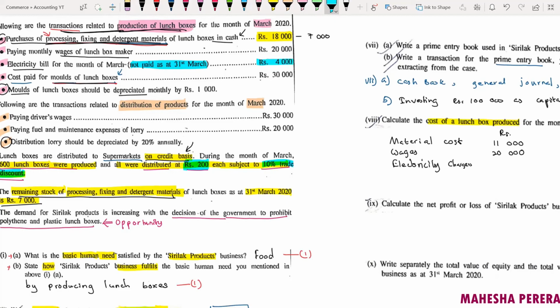So that means this 4,000 is an accrued electricity charges. This is accrued electricity charges, right? Even though this is an accrued electricity charges amount, they say clearly these transactions related to the cost of lunch boxes. So let's allocate this electricity charges into the production cost. Okay. So electricity charges, it's 4,000.